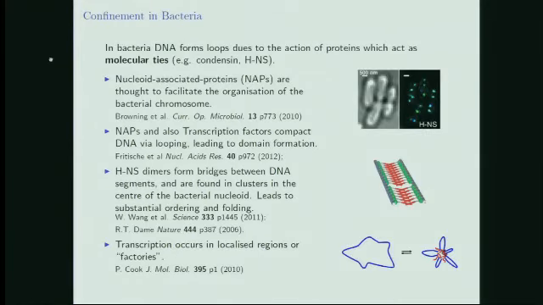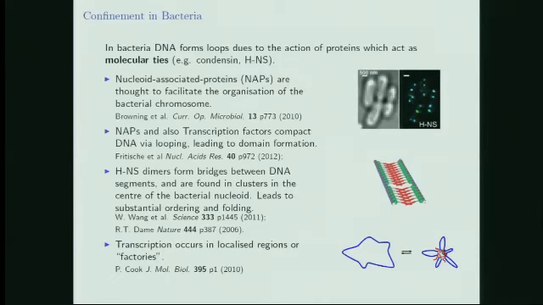In bacteria, here are just some examples. The DNA forms loops, often due to the action of proteins, which can also act as molecular ties. So you have the nucleoid-associated proteins, or NAPs, which we've already heard about, which could facilitate the organization of the bacterial chromosome. Transcription factors are also thought to be involved in creating loops in the DNA.